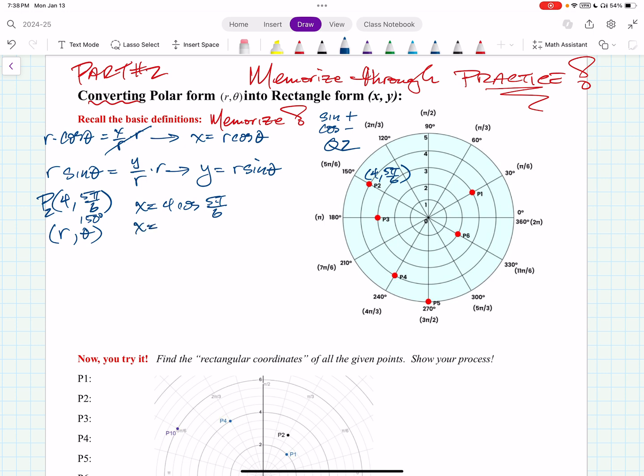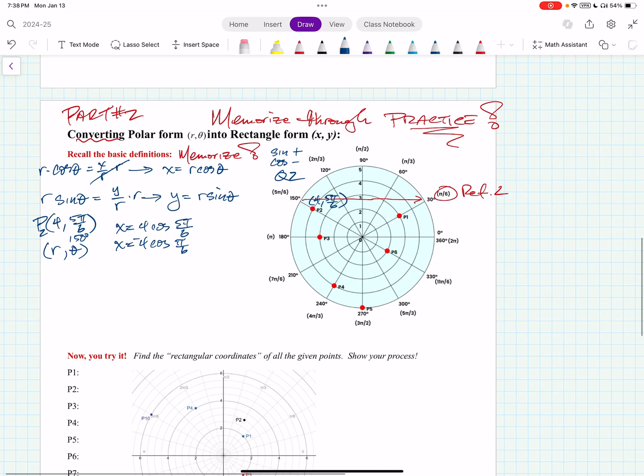All right, so what is the reference angle for this? Well, that's a previous skill too, right? So the reference angle for 5π/6 is directly across right here, and there's your reference angle. Okay, it's π/6 or 30 degrees. So we have 4 times cosine, excuse me, negative 4, because it's negative here, so I'm going to adjust it with a negative sign, cosine of π/6. And then you've got to ask yourself what that is.